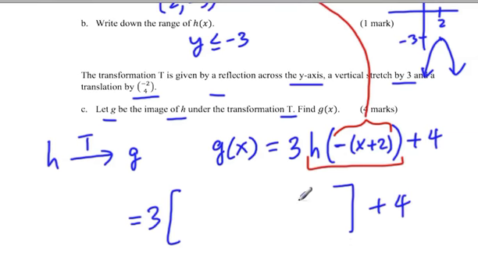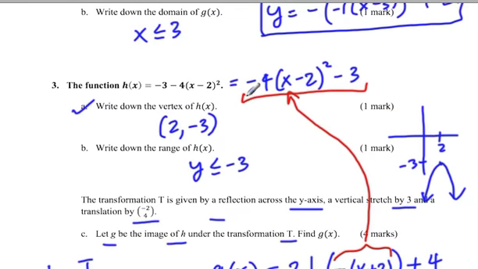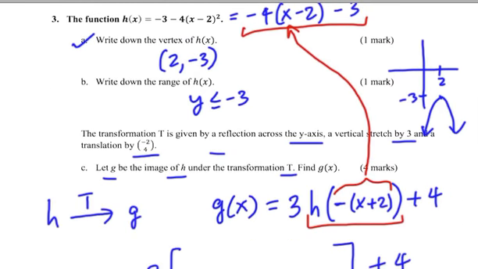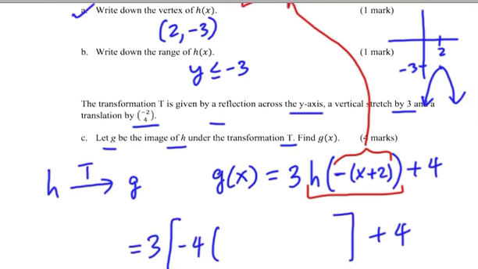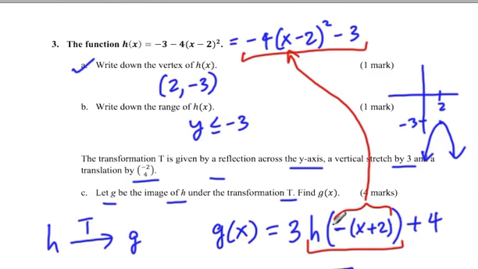So let's deal with this part right here. We know what h of x is. It starts with negative 4, so we're going to put negative 4 here. Open bracket, and then I'm going to put this argument right here into x. I'm going to write that in red.